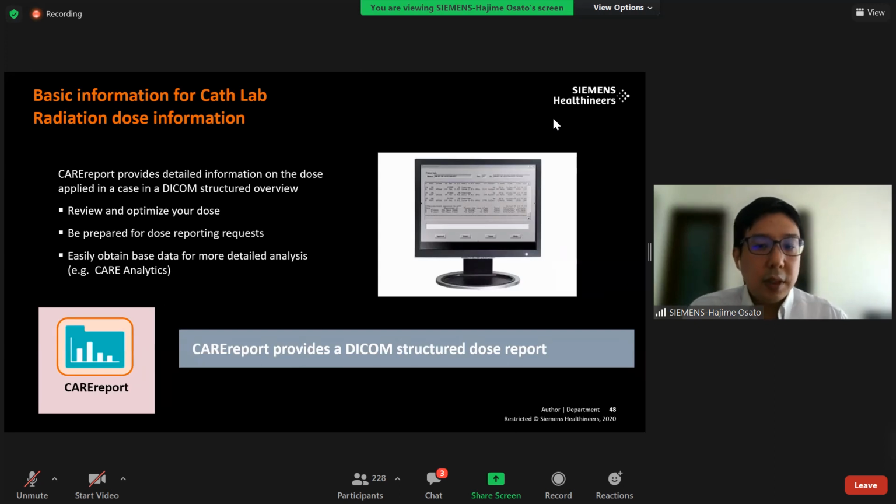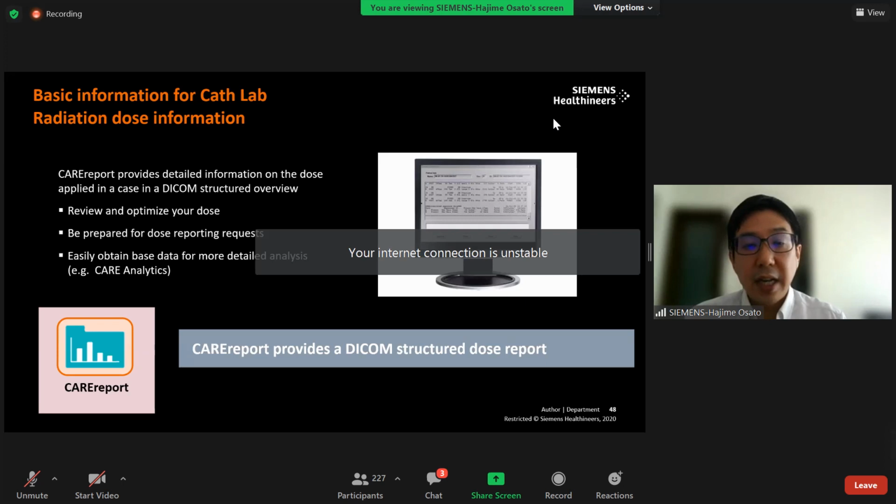After closing the patient, a radiation report will be created automatically. The CARE report includes the detailed information of the case. We can find the actual exposed X-ray value for each acquisition and the total value, the radiation dose from every examination.